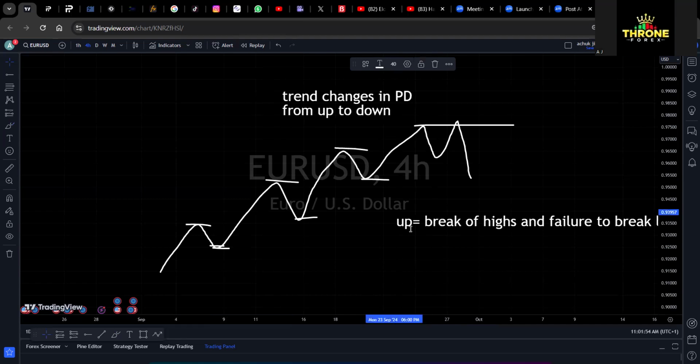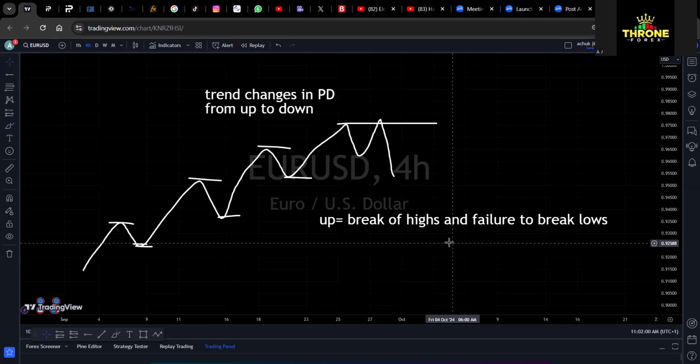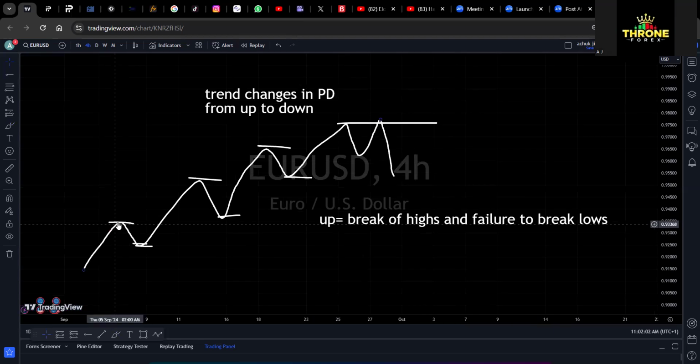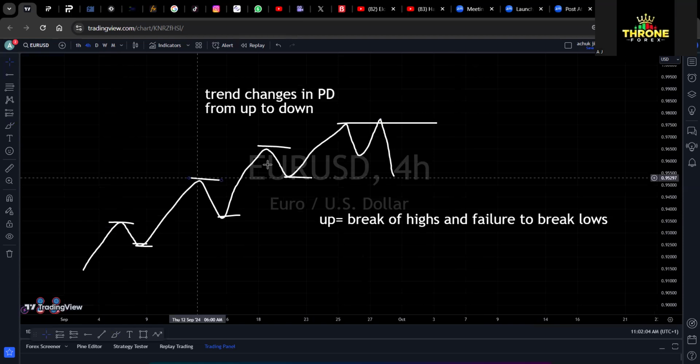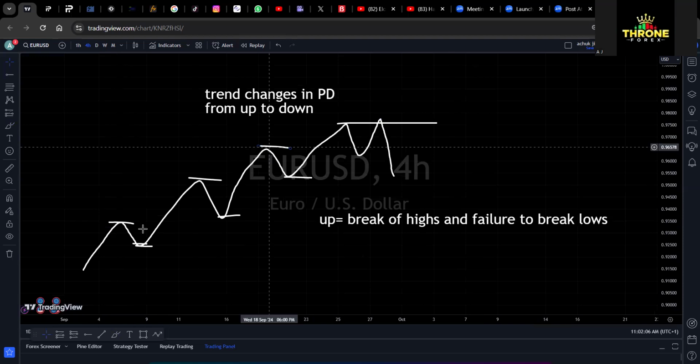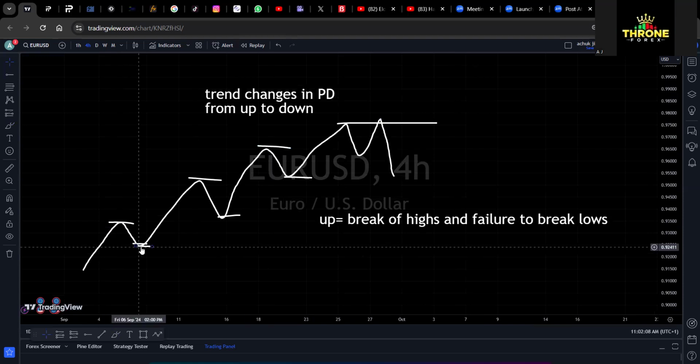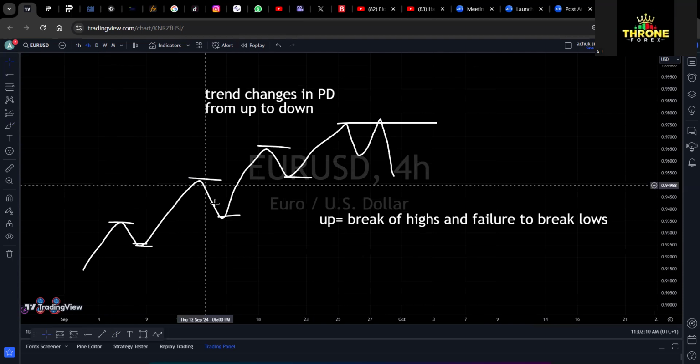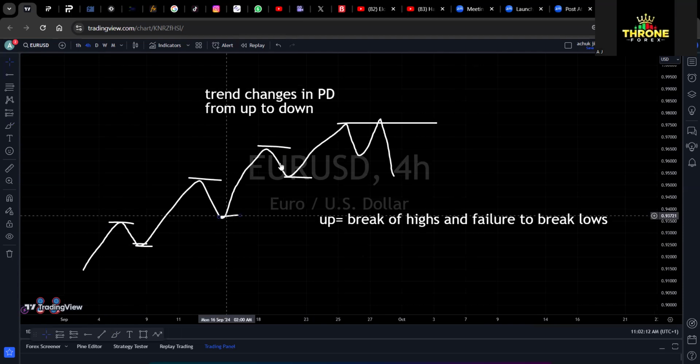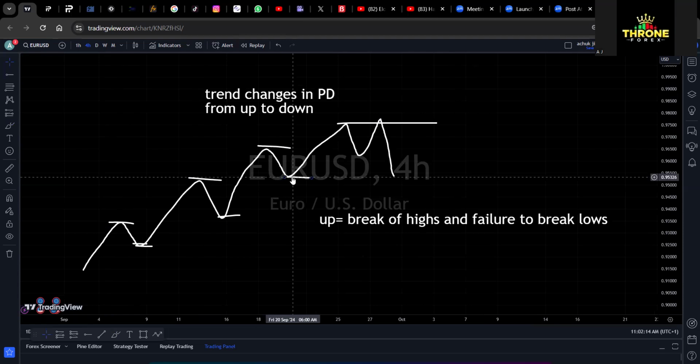And this is illustrated here in this format. So you have this high, it's broken to form a new high. This one is broken to form a new high. But then the market fails to break this low when it comes, and then this low here is not broken by this low. So that is an uptrend.